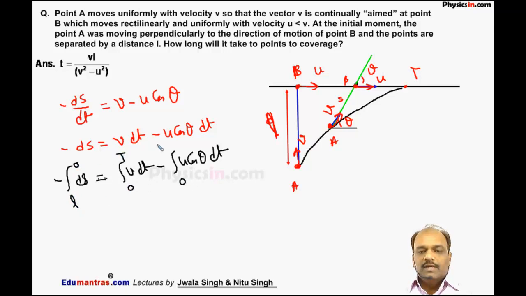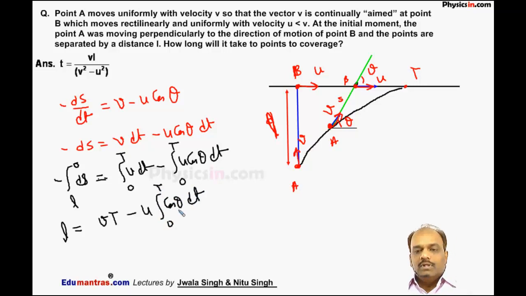So let them meet at time t. From here I get 0 minus L, that is minus L, is equal to v into t minus u times the integration of cos theta into dt from 0 to t. Because this theta is also a function of time and the relation is not known, this is our first expression.